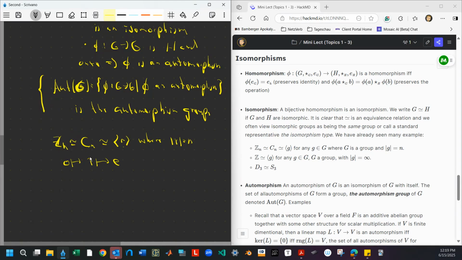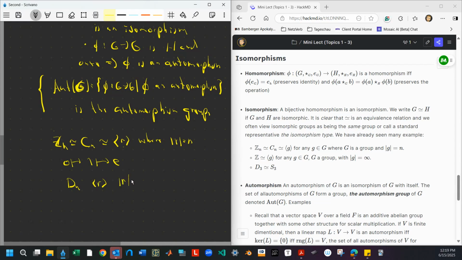Now that's not the only isomorphism here. We can map any generator of Zn to any generator of Cn, or any generator of this thing. So suppose we're in Dn, and we're looking at R, the rotation.